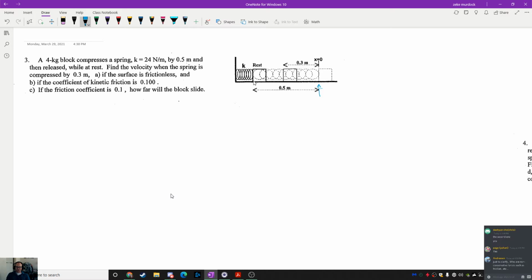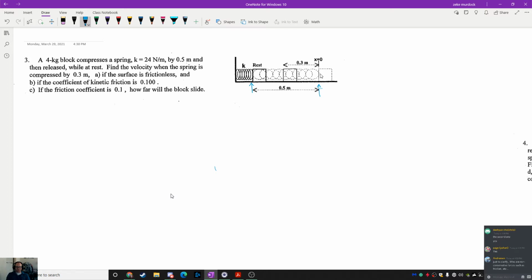We want to find the velocity of the block when the spring is compressed by 0.3 meters, if the surface is frictionless, and then if the coefficient of friction is 0.1, and then we'll figure out how far the box slides. Okay, so this block is not physically attached to the spring. It's free to basically be released from the spring.